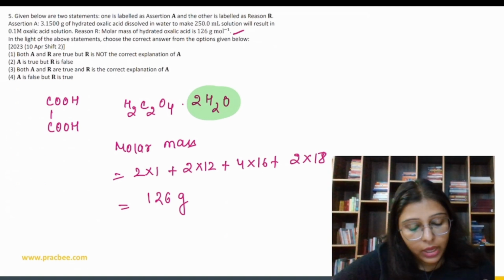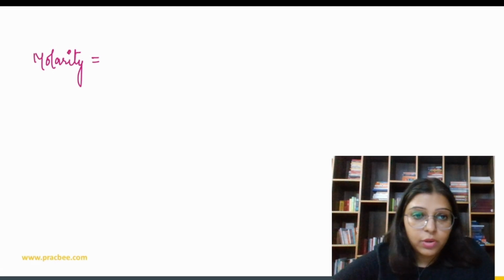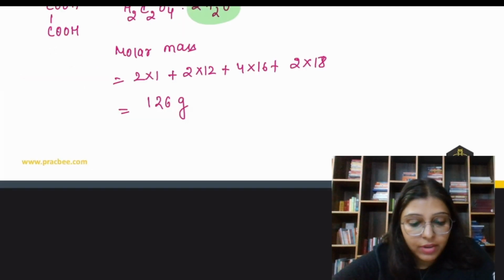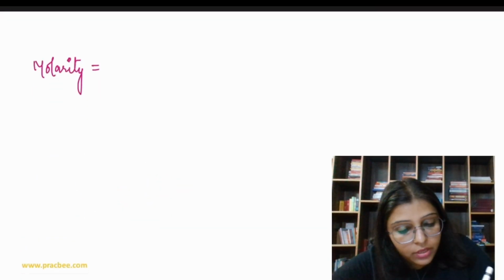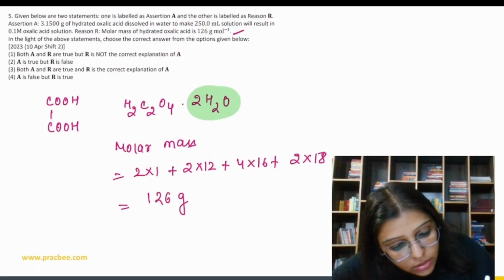Molarity means number of moles of solute, which is given mass 3.15, molar mass 126, and volume is 250 ml.